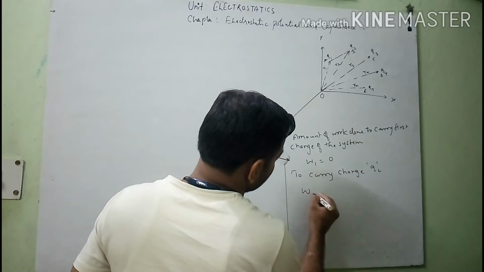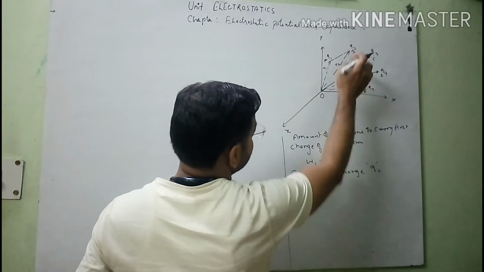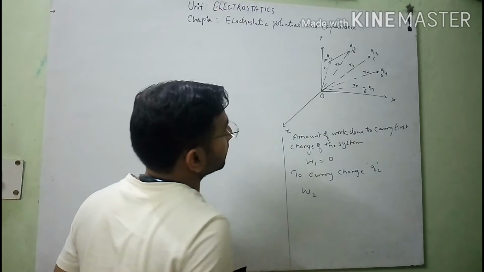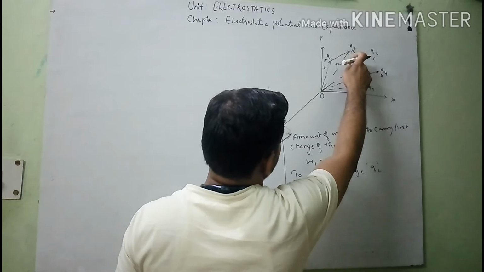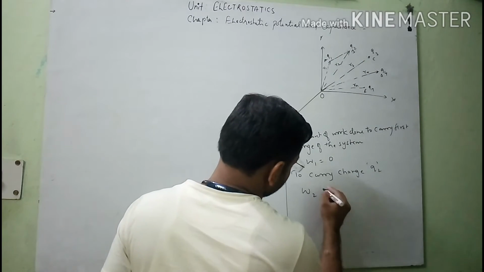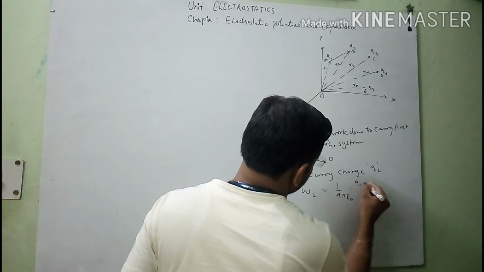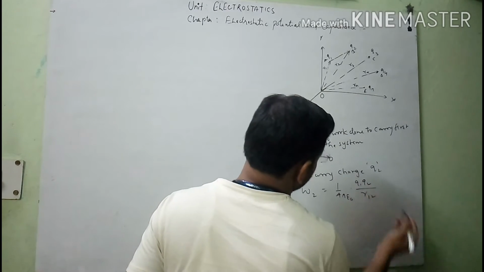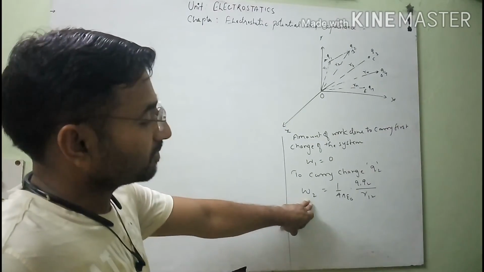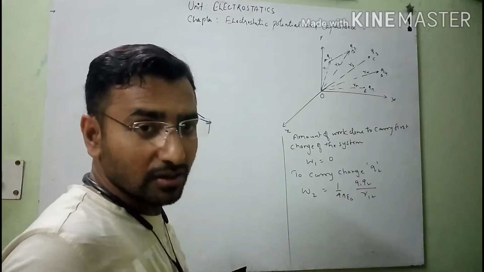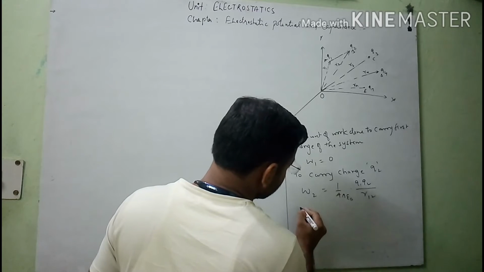You know that the value of the potential energy, or the amount of work done by Q2 against Q1, is W equals 1 over 4 pi epsilon naught Q1 Q2 over R12. In our previous topics, when we discussed the 2-point charge system, this formula came there.